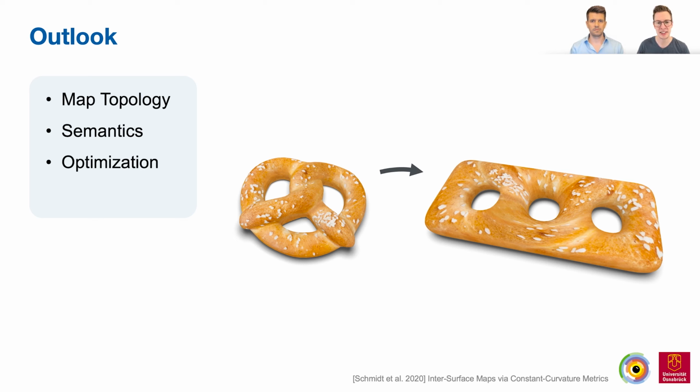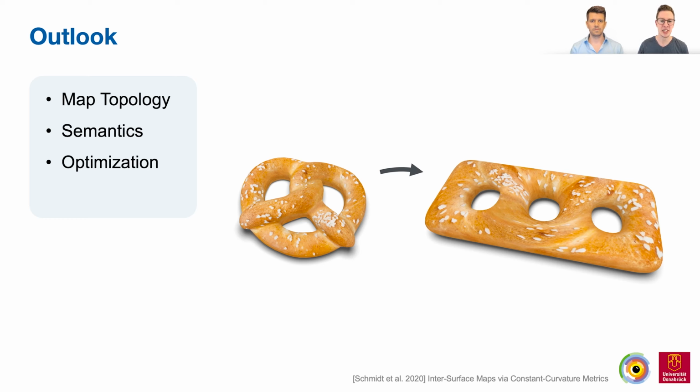Also, the optimization landscape may be of lower smoothness. In some cases it's just C0 continuous instead of C1 continuous. This and other aspects cause additional challenges that are specific to maps between surfaces and not so relevant when just mapping to the plane.